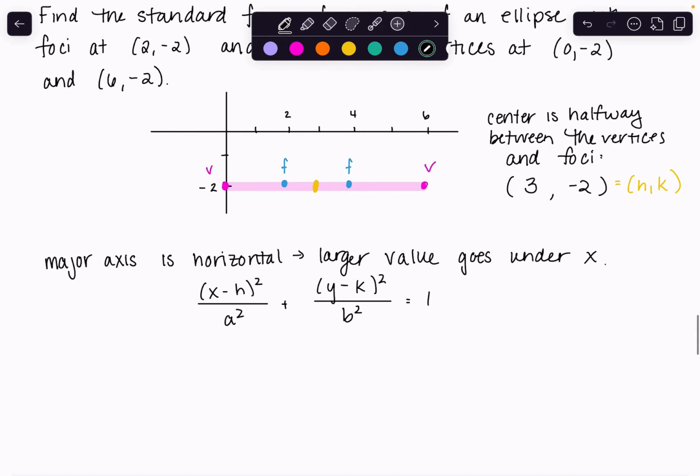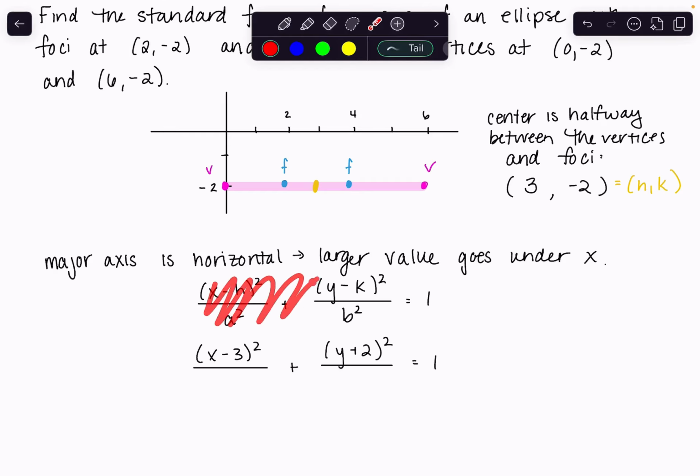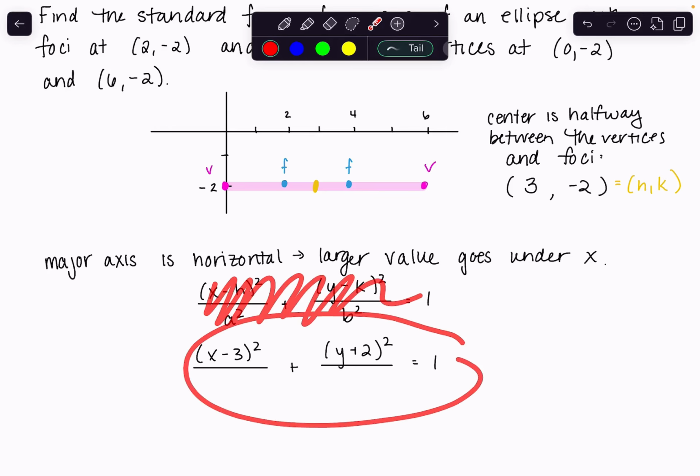And immediately I can replace what h and k are. So for x we subtract 3, and for y we subtract -2, so that becomes +2. And I'm going to leave what's under them blank because, again, you really don't need to write this equation. You can jump into it.